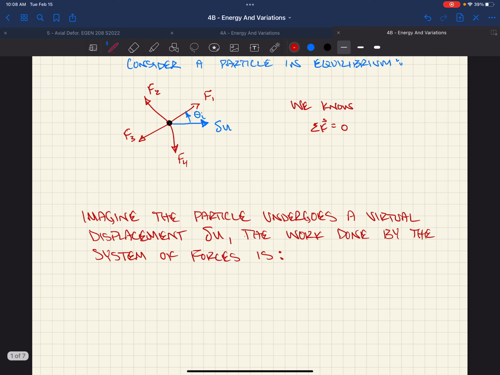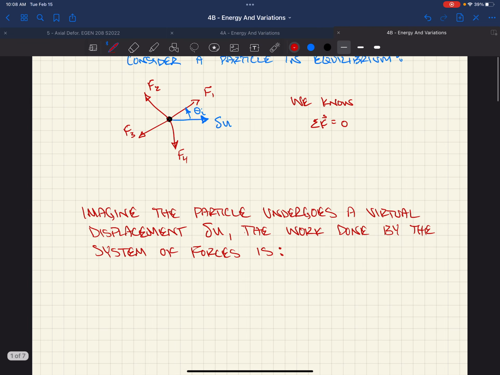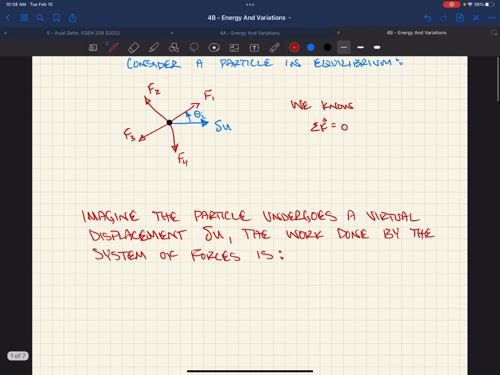So imagine the particle undergoes a virtual displacement, delta U. The work done by the system of forces is force times distance. So our delta U creates a change in work.